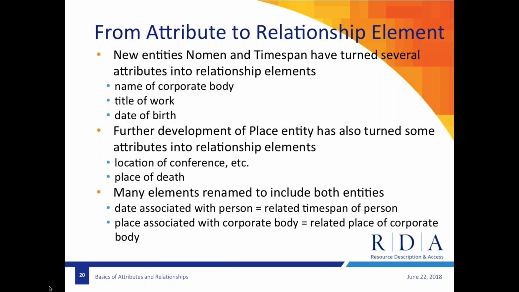But isn't it nice to have it all clearly stated in the label for the element as related time span of person? Same thing with place associated with corporate body. It became related place of corporate body.